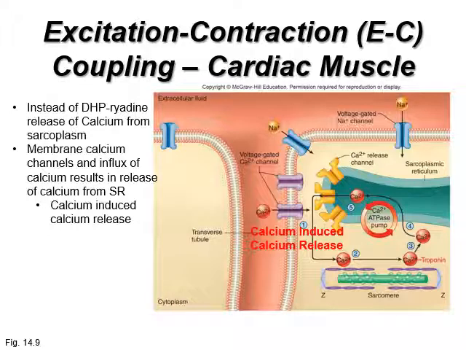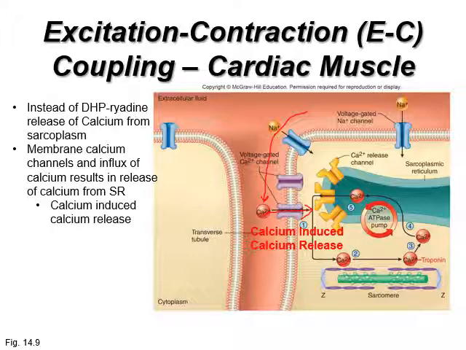So basically, it's very similar. We create an action potential, but if you remember before on the skeletal muscle, the action potential came down and hit those DHP receptors. In this case, we've got the voltage-gated calcium channels, and those are going to open and allow extracellular calcium to be brought into the cell.